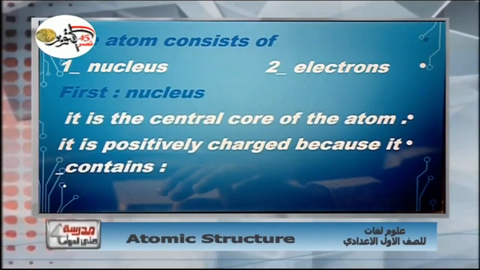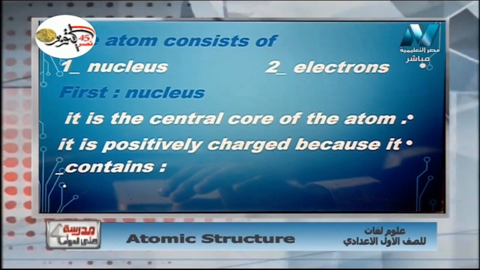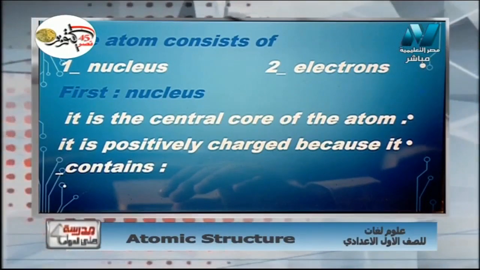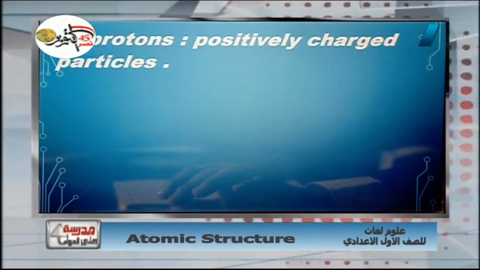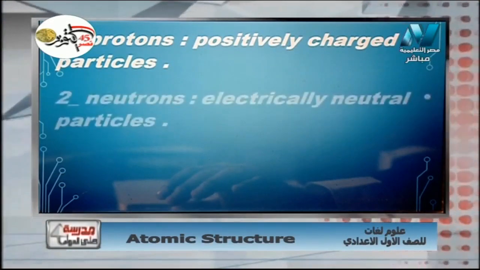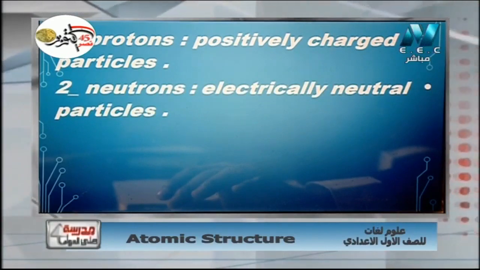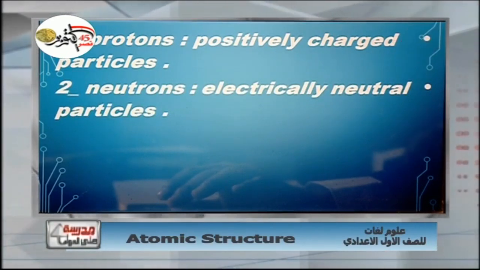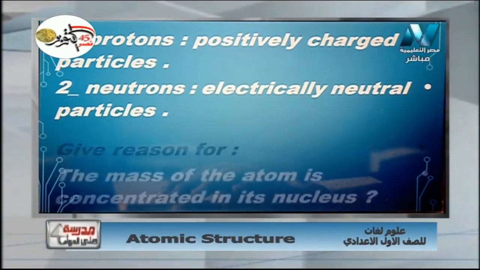First, the nucleus is the central core of the atom. It is positively charged. Why is it positively charged? Because it contains 2 types of particles. Number 1, protons, positively charged particles. Number 2, neutrons, electrically neutral particles, that means they have no charge, not positive, not negative.